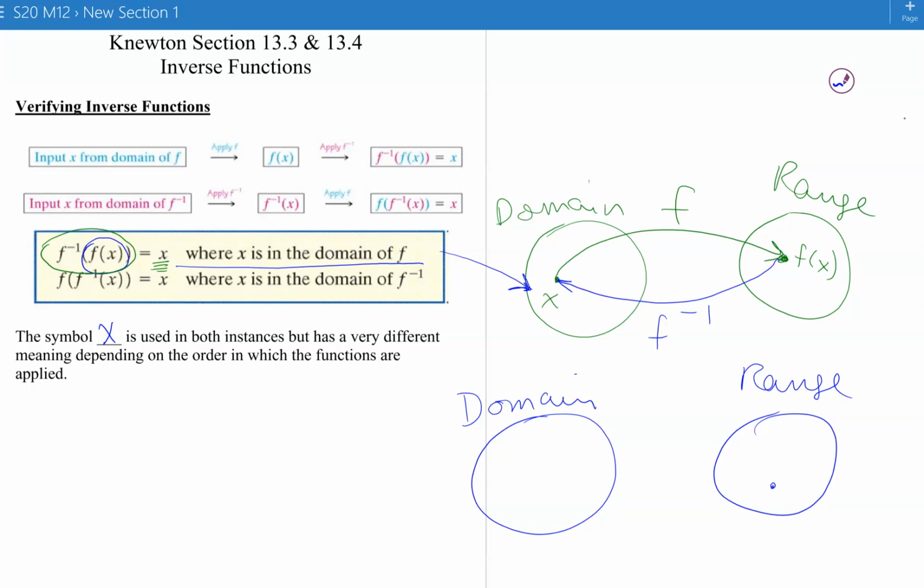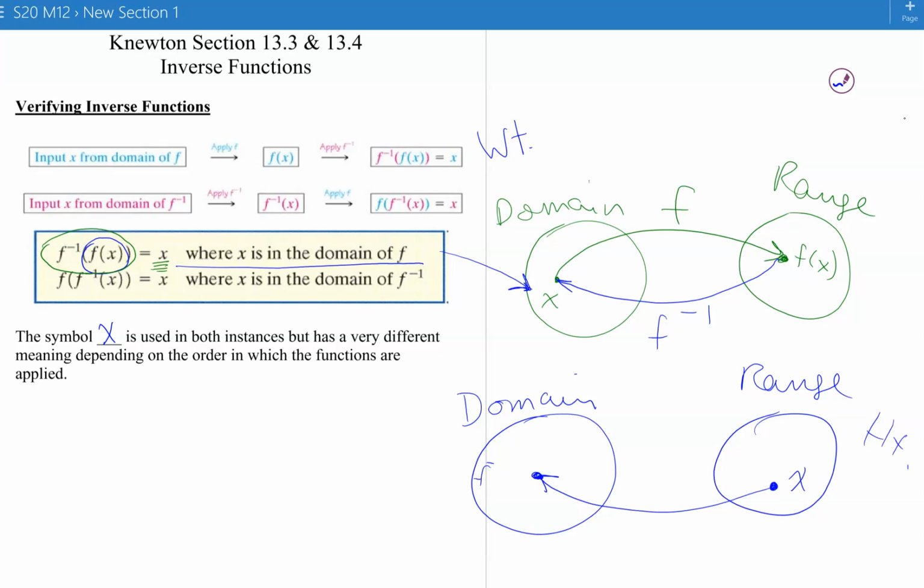This says start at some value in the range and apply the inverse function first. So we're using the letter x again, but think of my example where this could be weight and this might be height.